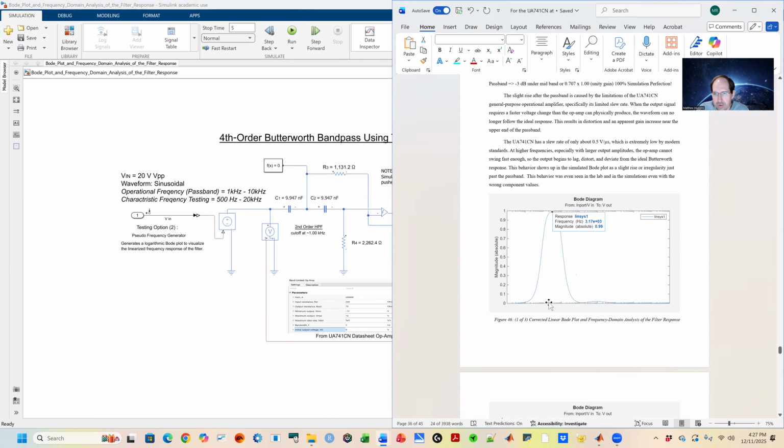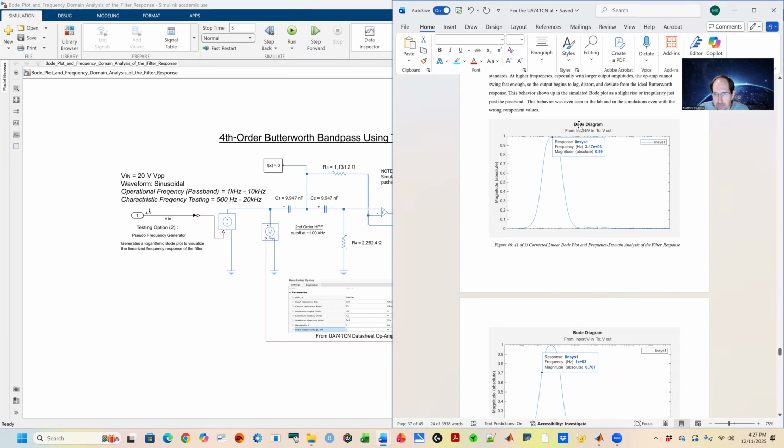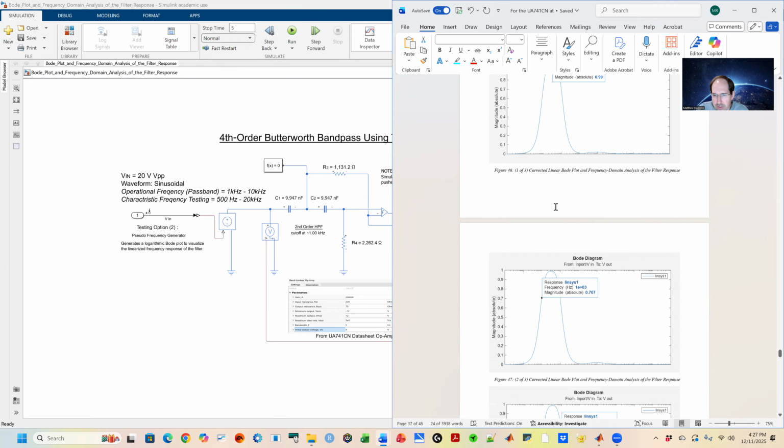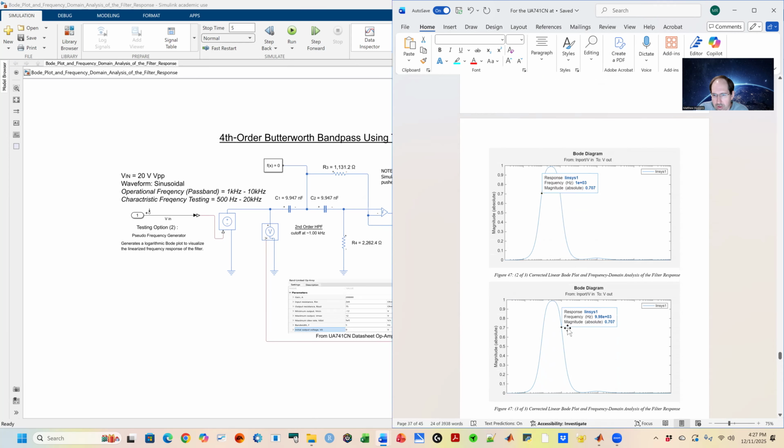And what I have here, as you can see, is the Bode diagram, and if you look in the middle here, this upper line right in the middle is the mid pass band, and this is our goal. Our goal was to get a band pass between 1 kilohertz and 10 kilohertz, which is what we have, a -3 decibel drop.